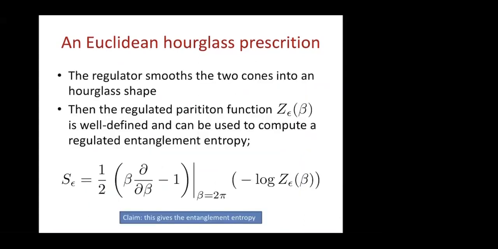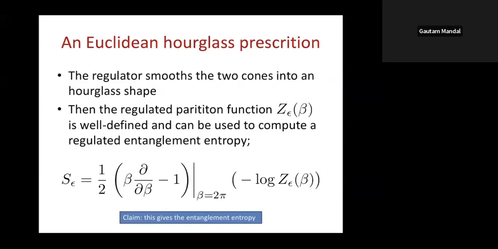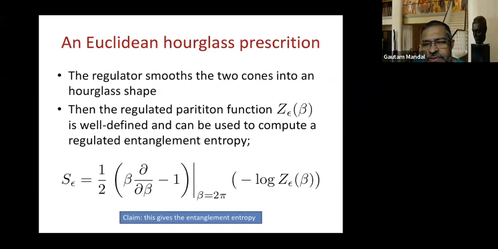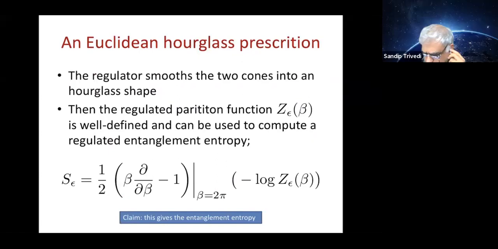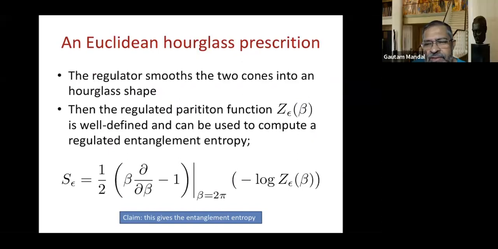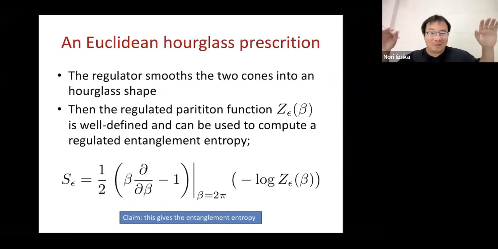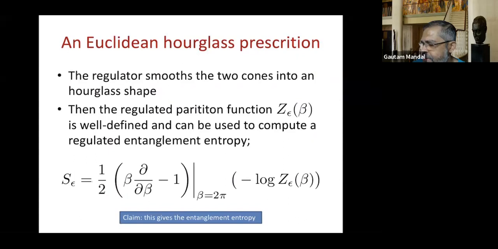Sorry, Nori, can I ask? Yes. In the context of the wormhole, there was an exchange of dominance, that the disconnected geometry is one. No, we don't sum over the disconnected geometry and then connect, because we are doing field theory. We are not doing gravity. We are doing quantum field theory, so the geometry is fixed.